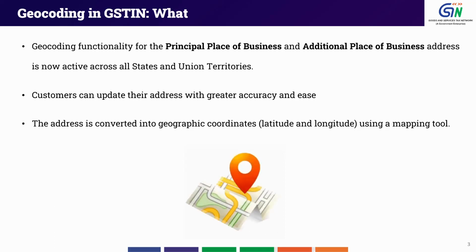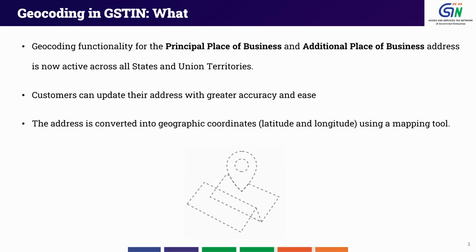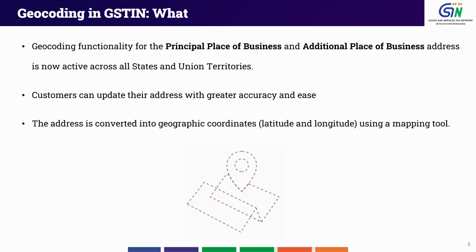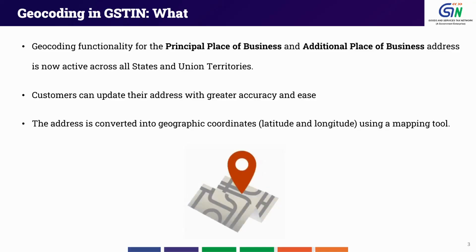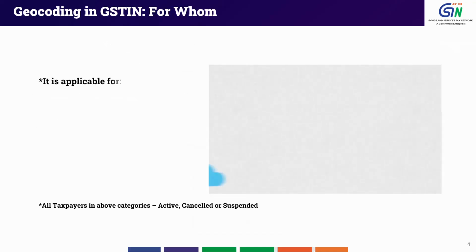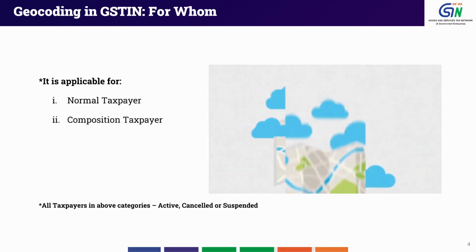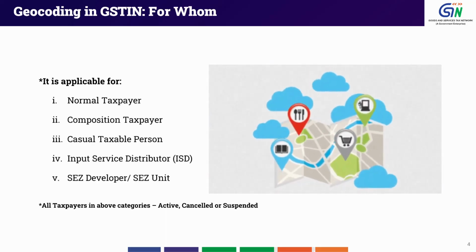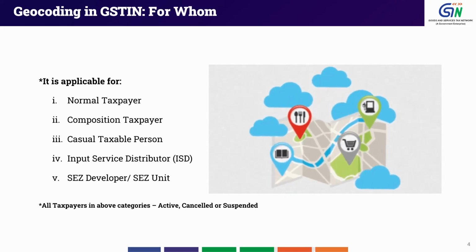The idea of this functionality is that it converts your geographic address, suppose your building name, floor name, then your locality, sub-locality, your state, into latitude and longitude so that it can be precisely located over a map. And to do that, we have a geocoding analytics engine, which converts the geographic based input into a geocoordinate.